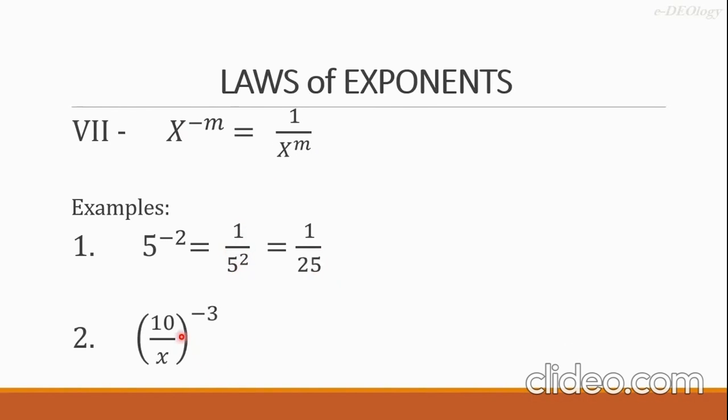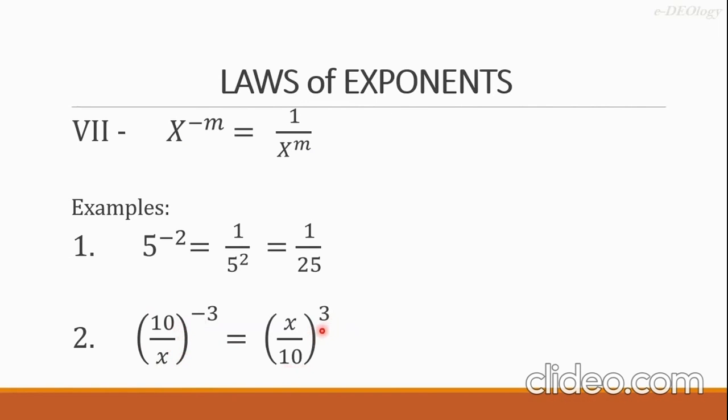Another example is when we have a fraction 10 over x and this is raised to negative 3. For a fraction, we can make this negative to be positive by simply interchanging, or reversing, the position of the numerator and denominator. As we see here, the x goes up, the 10 comes down as denominator, and look at the power.